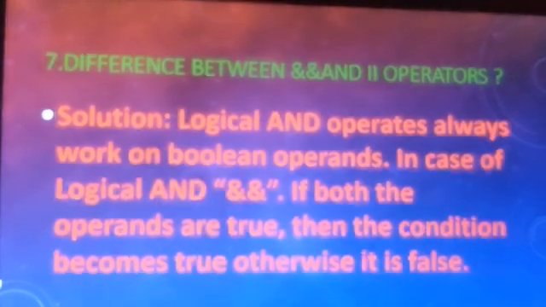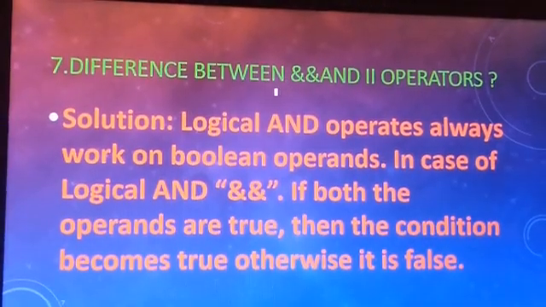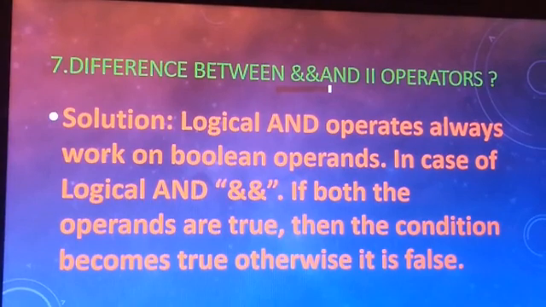Seventh question is, difference between double AND operator and double OR operator. Solution: logical AND operators always work on Boolean operands. In case of logical AND, double AND, if both the operands are true, then the condition becomes true, otherwise it is false.